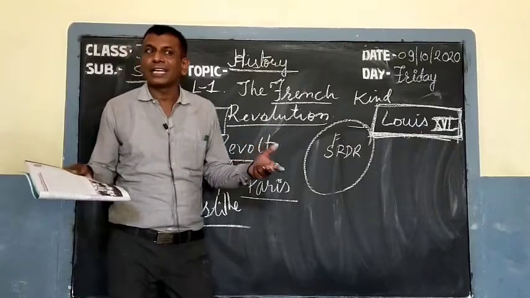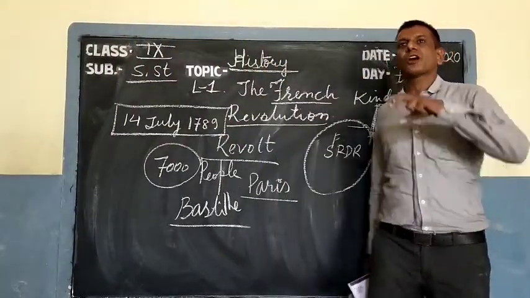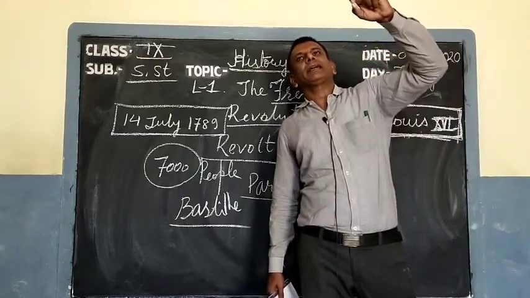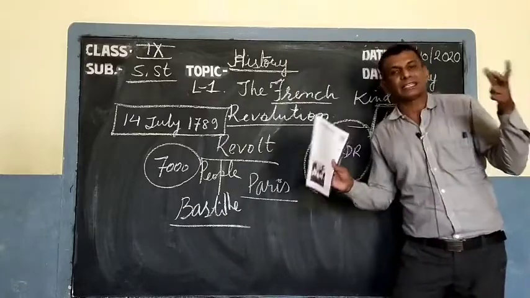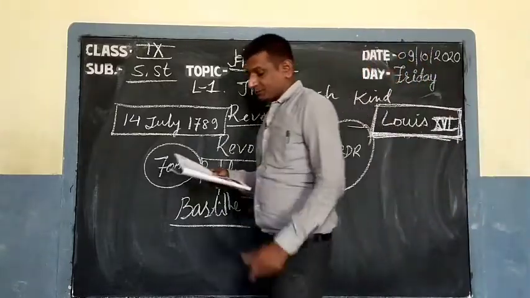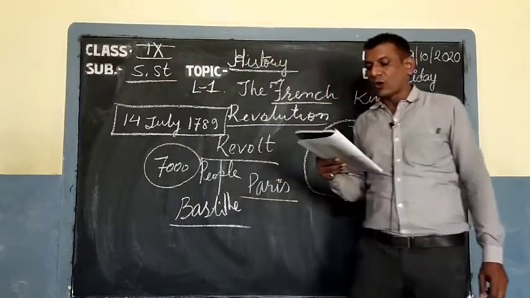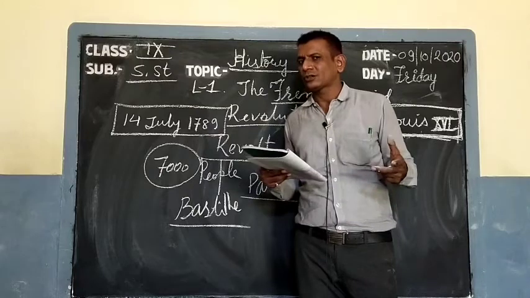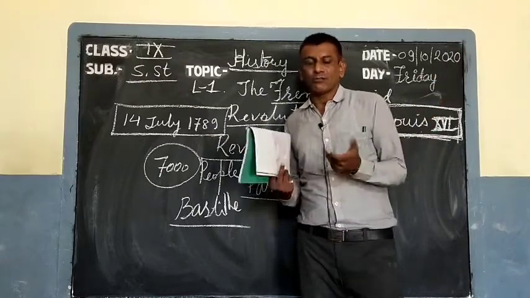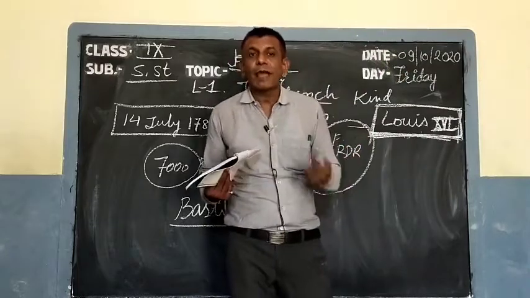the prison. They even broke each and every brick and stone of the Bastille palace, where they hoped to find hoarded ammunition and arms. They thought that at least when we fight with the army, we need some weapons.